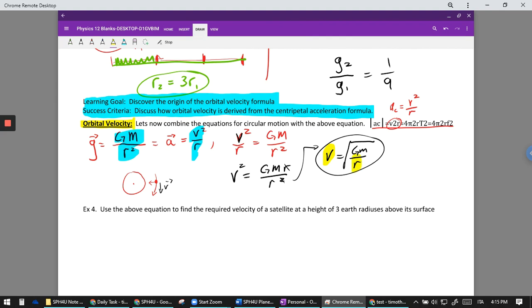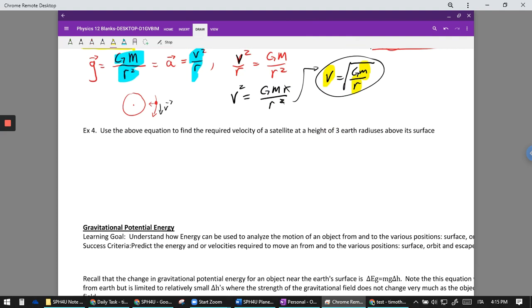The distance from the planet's center, not the planet's surface. And this is the mass of the central object, okay? It's not the mass of the orbiting object, all right? And so we're going to use the above equation to find the required velocity for a satellite of height 3 Earth radii above its surface.